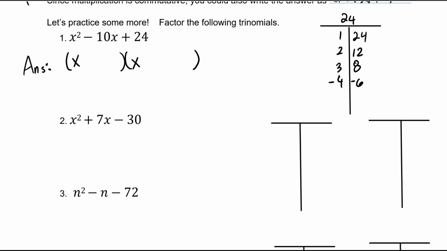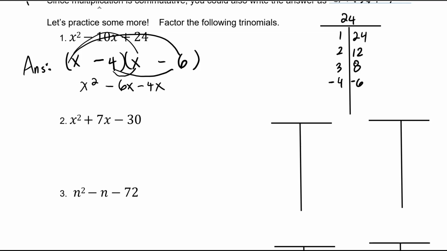And then you have the negative 4. So you have minus 4 minus 6 because you had negative 4 and negative 6. If you had positive, you would put a plus sign. And you always check this. X squared, that's negative 6x, negative 4x, and negative 4 times negative 6 is the positive 24 that we needed.